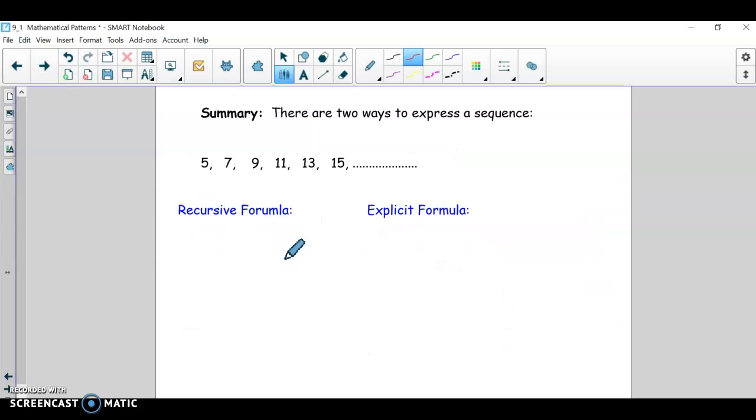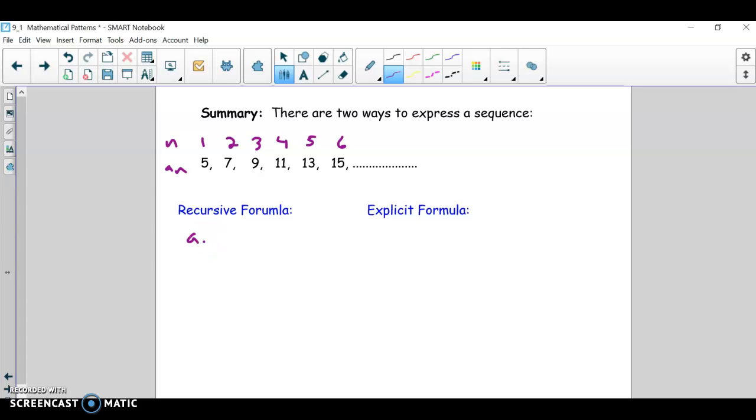Okay, one more way to explain it. Here's a sequence. It looks like it starts at 5 and goes up by 2. We could label some of the terms here, and we could write this sequence either recursively or explicitly. In a lot of ways, I think recursive is easier.